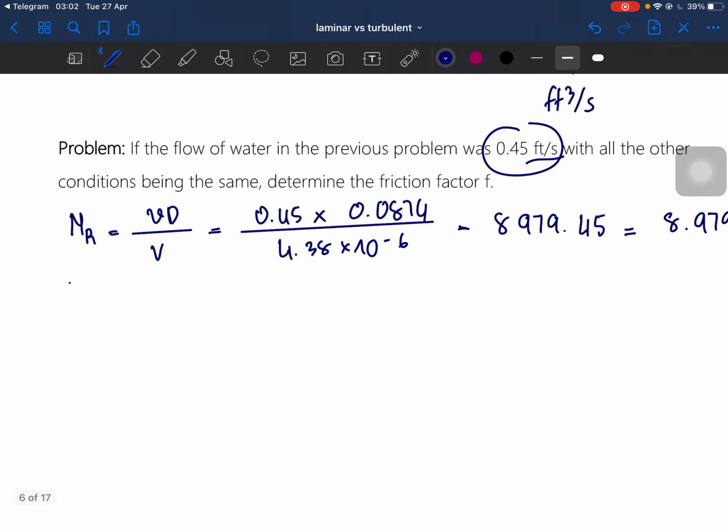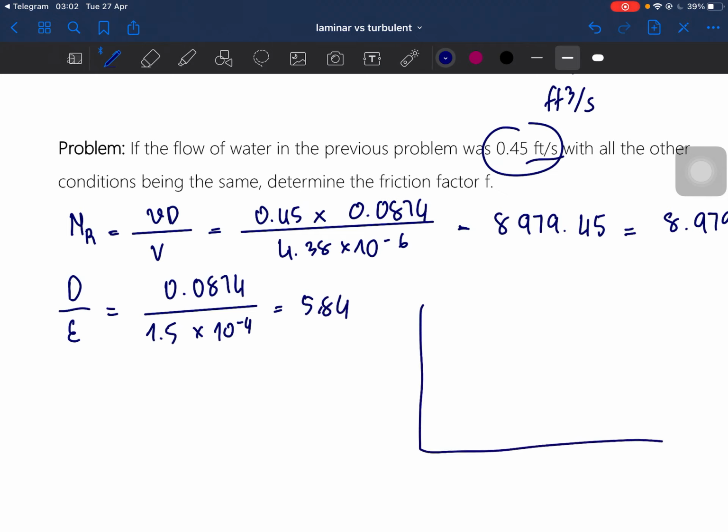So the relative roughness, D over roughness, we can use from the previous one because it's exactly the same. But we need to write it down because it's another question, right? So 5.84.